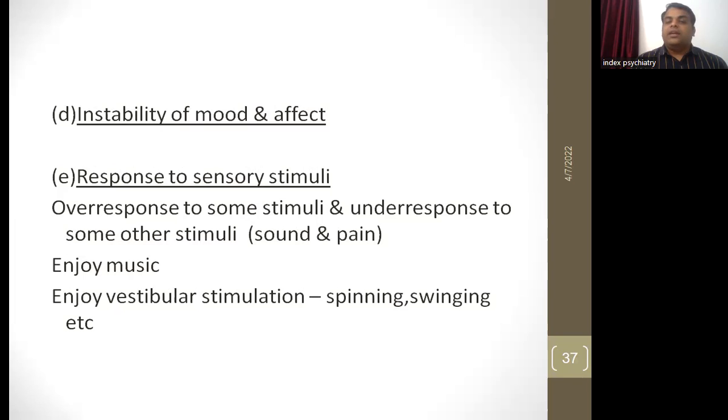Instability of mood and affect may be there. Under-response to some sensory stimuli and over-response to some other stimuli, such as sound and pain. And they enjoy music and vestibular stimulation, spinning, swinging, etc.